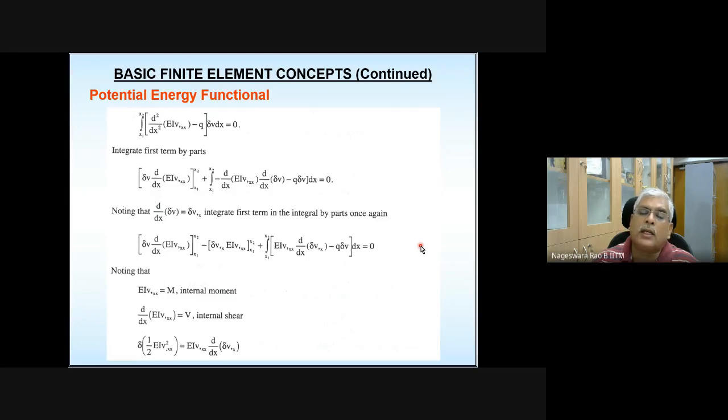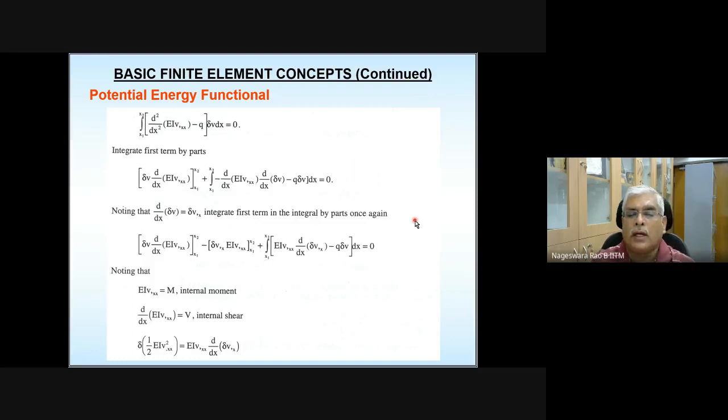Whatever degree of trial solution you start with, the demand on it reduces when you reduce the order of differentiation on the quantity you are trying to find. So this is one time, and this is the second time you apply integration by parts.